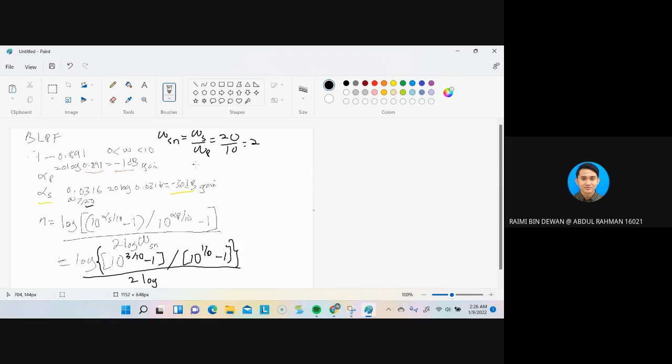So 2 log omega Sn equals 2 log 2, which is 0.6. So this one equals 0.6.